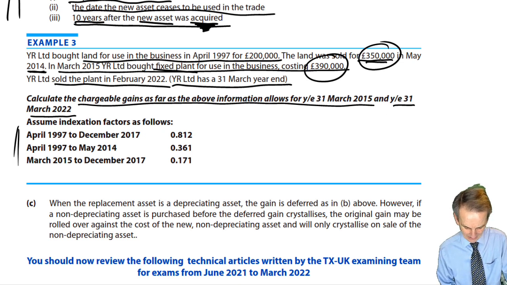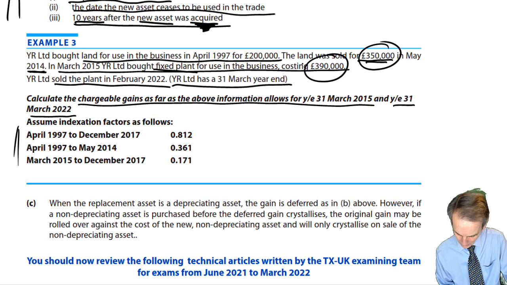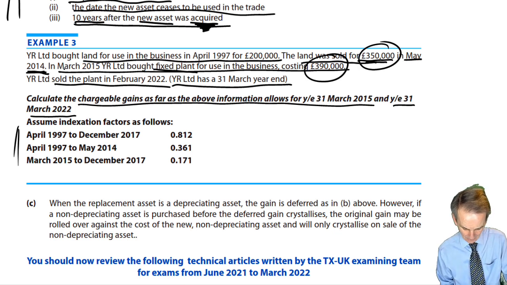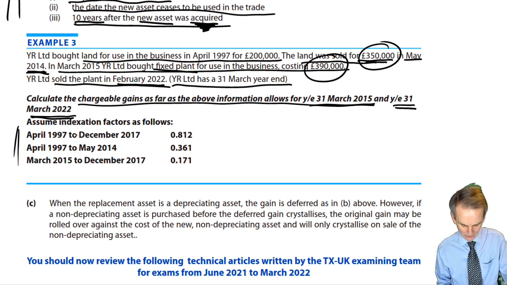Now, we can see that the original sale of the land was back in May 2014. That would have been in the year ended March 15. We've got this sale in February 22. That's in the year ended 31st of March 2022.